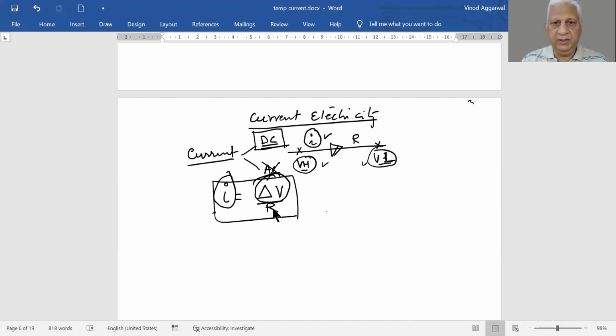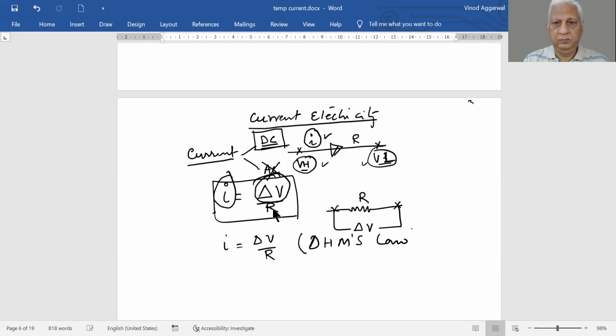So if we draw it again, you have a conductor with resistance R with a potential difference of delta V between 2 points. Then the current is delta V over R. This is our famous Ohm's law.